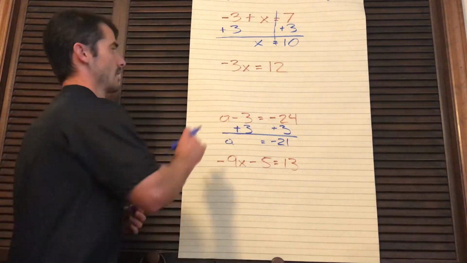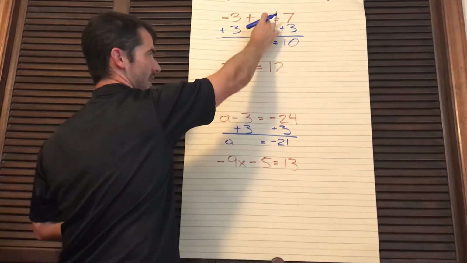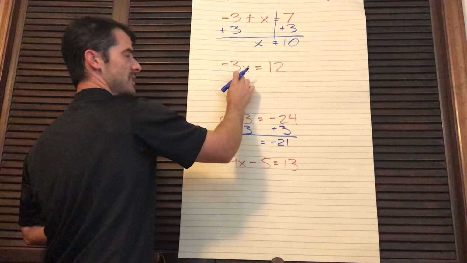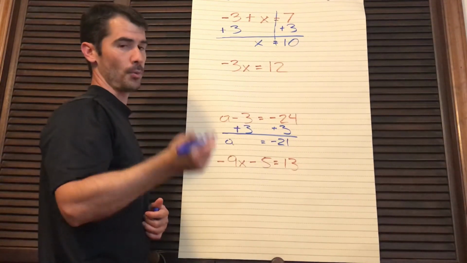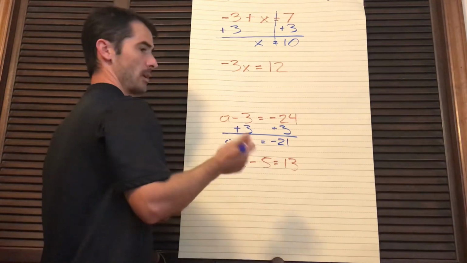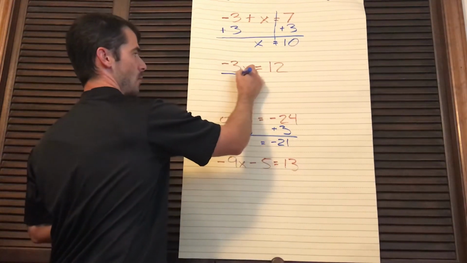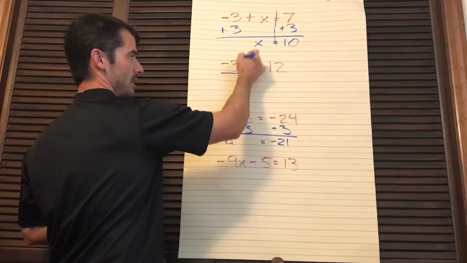So this negative 3, I used a negative 3 both times. The first negative 3 was being added to the x. This negative 3 is next to the x. Any number next to a variable means multiplication, and the way to get rid of multiplication is division. We're going to use the exact same number, negative 3 times x.